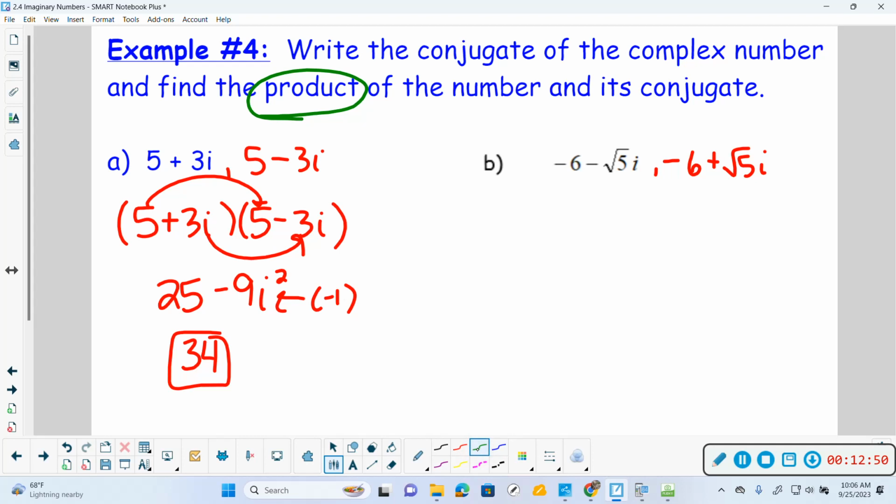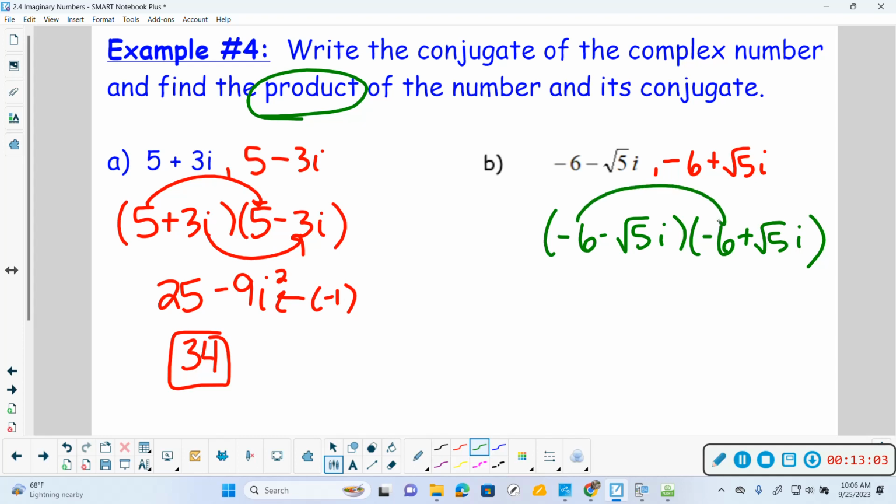Now, same thing. We want to multiply them. Same spiel. The middle terms are going to cancel. So negative 6, negative 6. I'm going to skip the middles. Positive, negative.